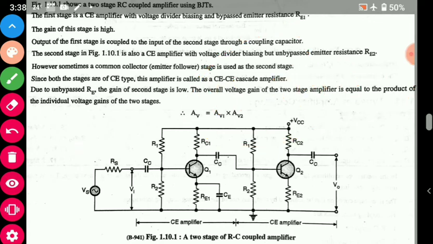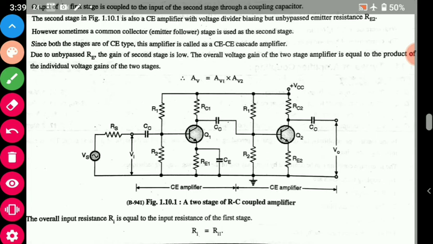The overall input resistance Ri is equal to the input resistance of the first stage. So this is the particular working of the BJT based multi-stage amplifier.